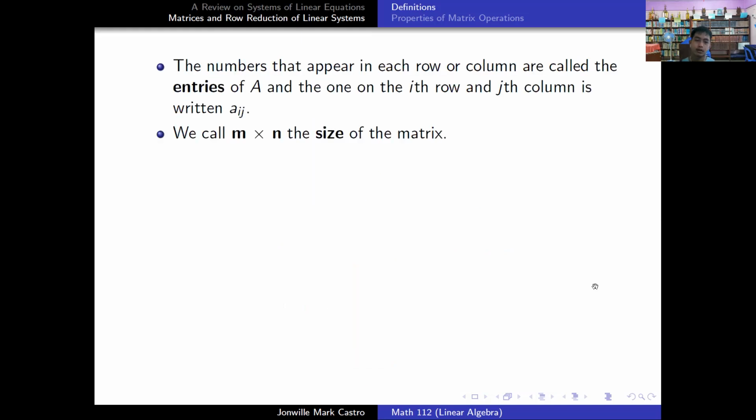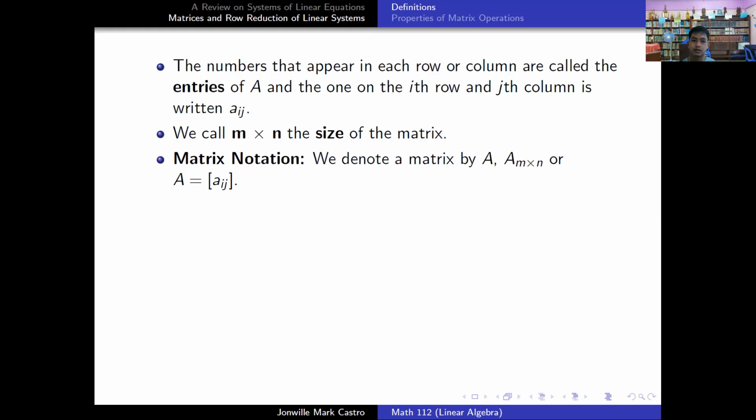The numbers that appear in each row or column are called the entries of A, and the one on the ith row and jth column is written A sub ij. We call M by N or M times N the size of the matrix.